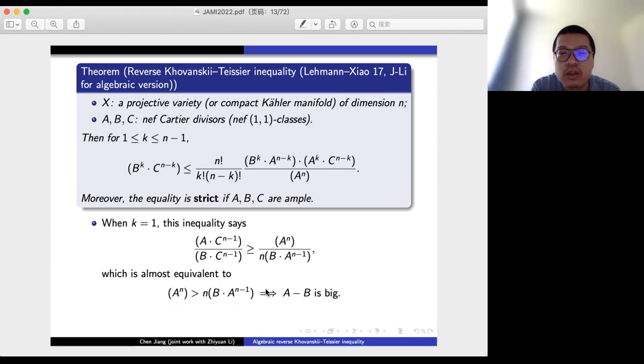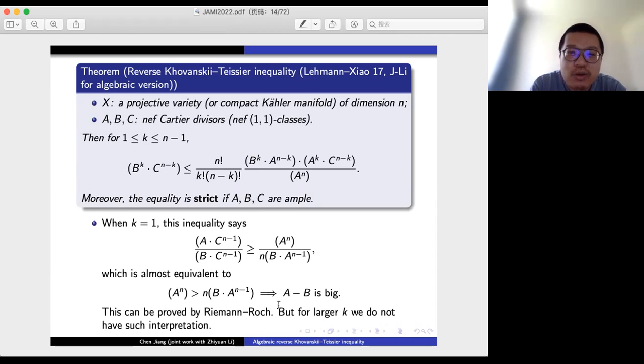So here the assumption is A and B are nef. Okay, so then this is actually an easy consequence of the Lehmann formula. I think this is a good exercise, and everyone can do it in like 10 minutes, right? So it's a consequence of Lehmann.